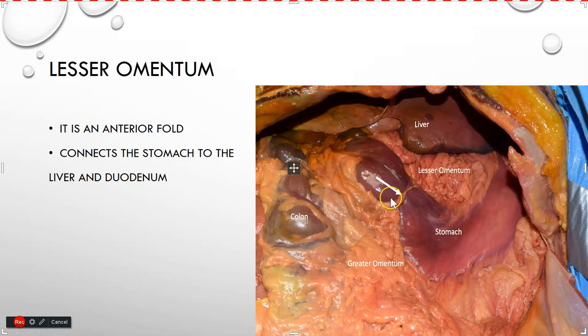It's kind of in behind. It kind of lies here. And the duodenum is the transition between the stomach and the small intestine. So very similar. It's a lesser omentum. Same idea, contains fat, and much like the greater omentum, also contains connective tissue which kind of helps hold things into place.